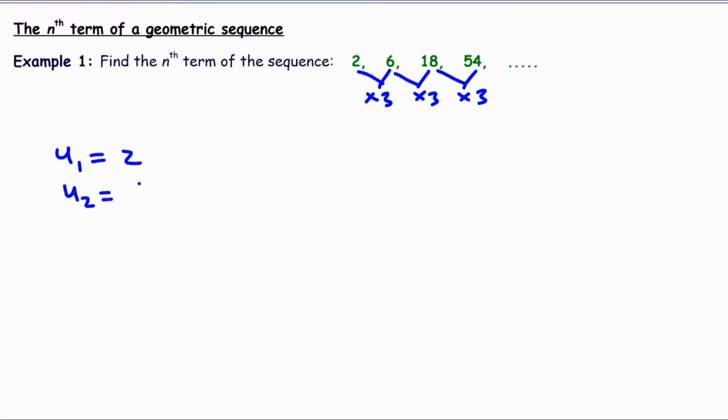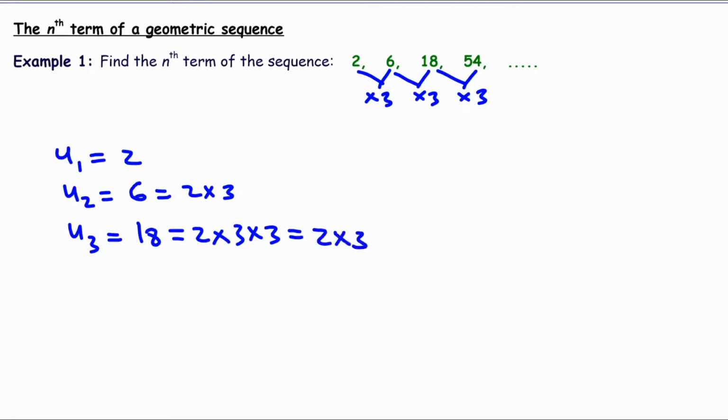The second term is 6, which is 2 multiplied by 3. The third term is 18, which is 2 multiplied by 3 multiplied by 3, which is 2 multiplied by 3 squared. The fourth term is 54, which is 2 multiplied by 3 multiplied by 3 multiplied by 3, which is 2 multiplied by 3 cubed.